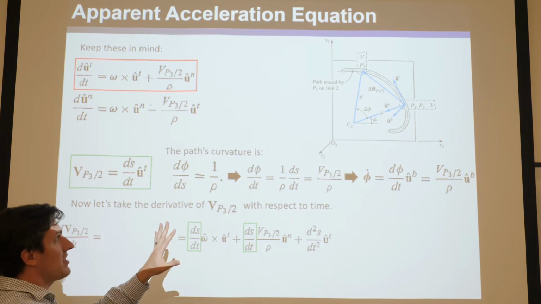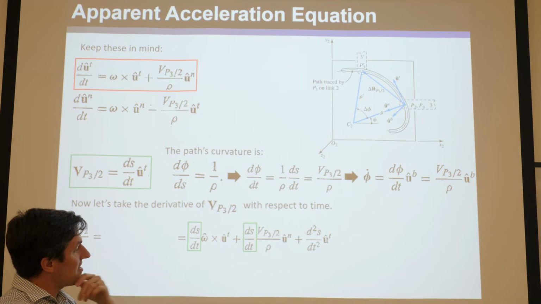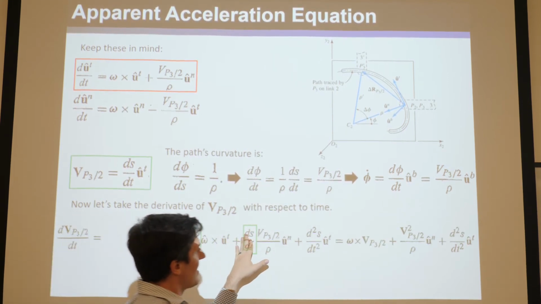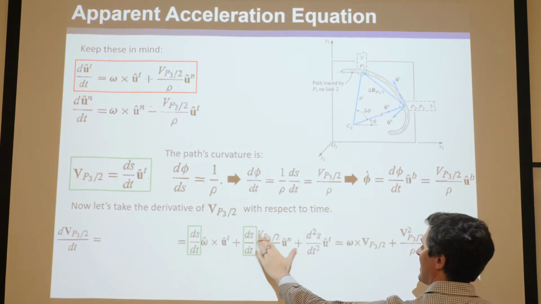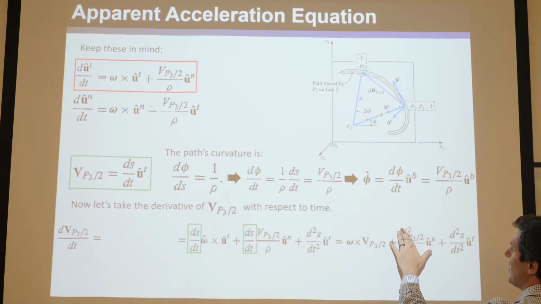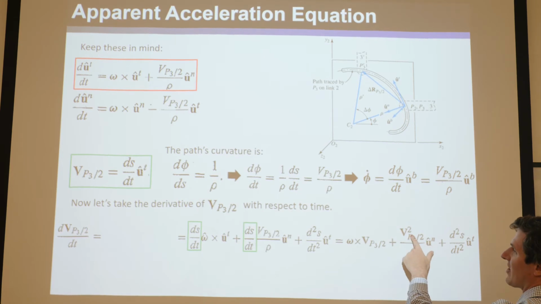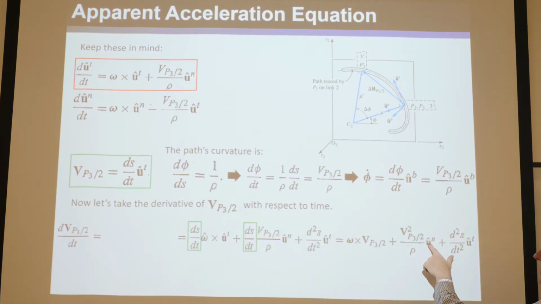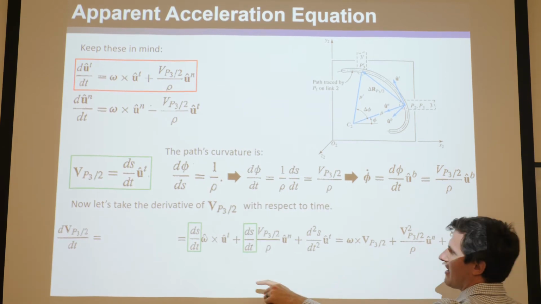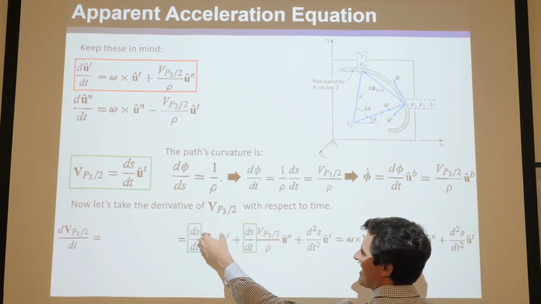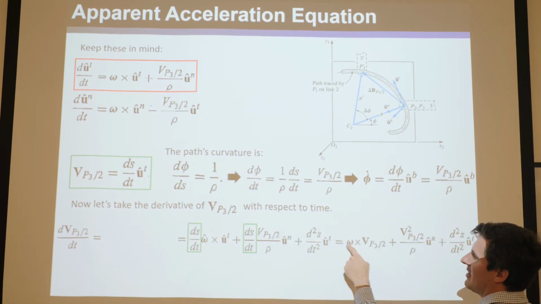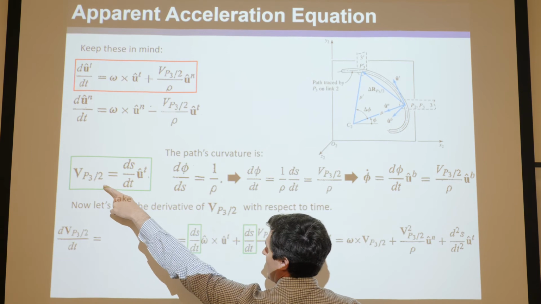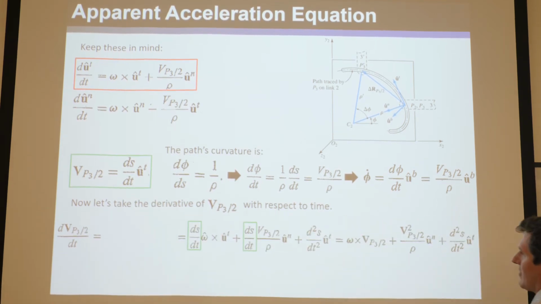If you're an ant on 2 and p3 is moving, that's what ds/dt is. So instead of writing ds/dt times vp3/2, we might as well write vp3/2 squared, the speed squared divided by rho, un. Then we move ds/dt in here, just leave omega there, and ds/dt times ut is vp3/2 as a vector.